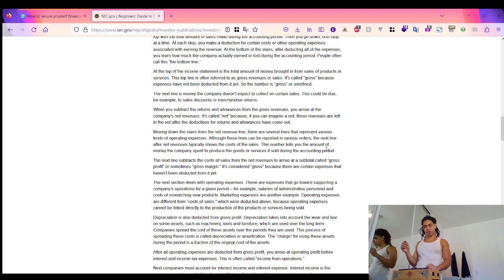Although these lines can be reported in various orders, the next line after the net revenue typically shows the cost of sales.